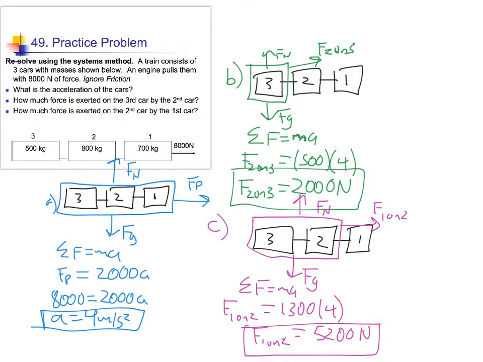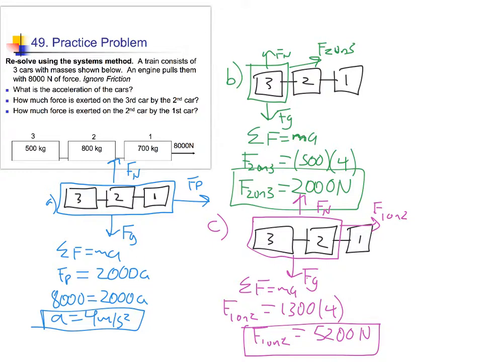Okay, so this represents just a slightly different way of going about these problems. I think it is a powerful idea in certain situations, but it maybe doesn't always make your life easier, to be perfectly honest with you. So there will be some times when you solve it by looking at each object as an individual object, but other times it might be helpful to solve it as a system.